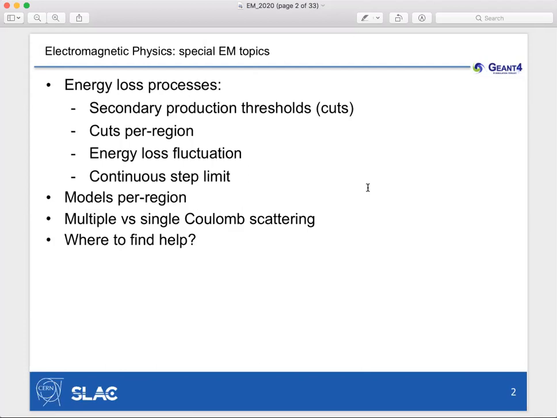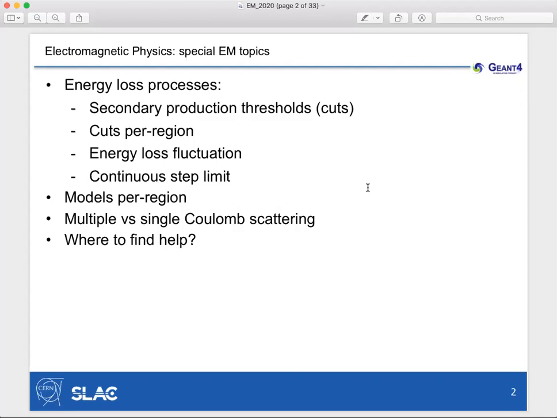Where I even showed that the secondary production threshold plays a critical role. It's a critical parameter in order to get a proper result or not. But I did not say anything about what the secondary production threshold is and why in that application it's critical. So today I will do all these things and you will understand and you will hopefully see how to set a proper value for your simulation.